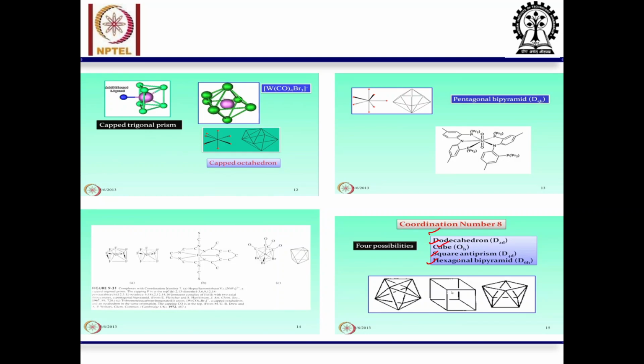A trigonal bipyramid has a trigonal plane with the metal in the center, and one ligand up and one down. For the hexagonal bipyramid, we have a hexagonal plane, the metal at the center, one ligand on the z-axis at the top, and another at the bottom. So this is the hexagonal bipyramid.